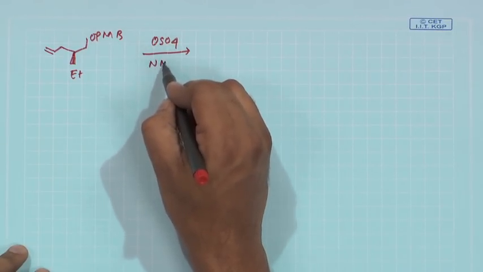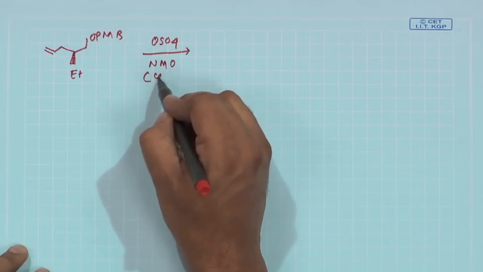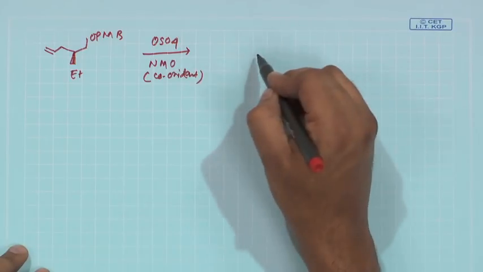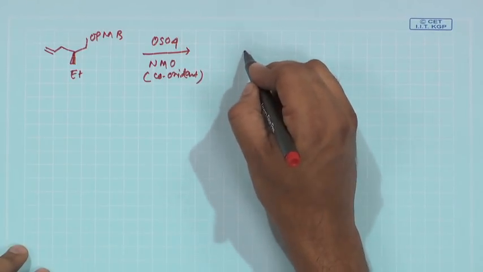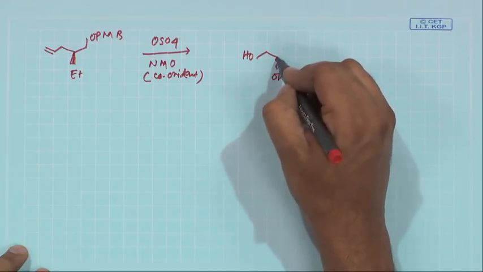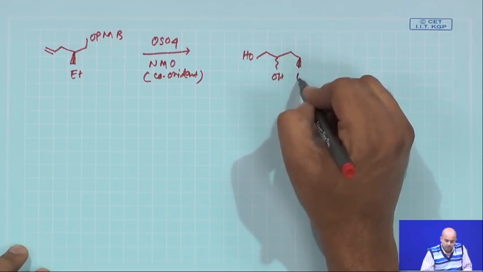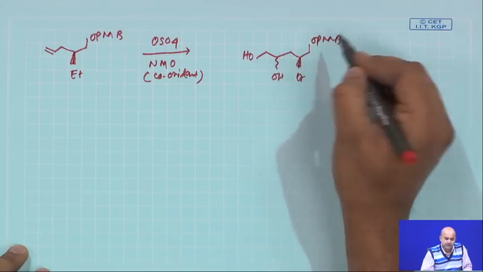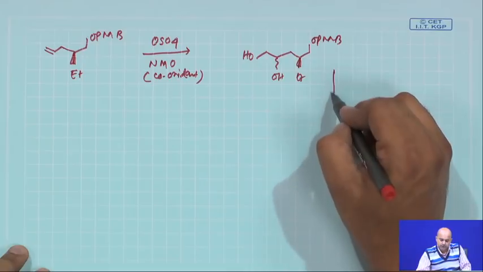You can use NMO as a co-oxidant, and this is a very standard, straightforward reaction. This will give you this vicinal diol with OPMB.